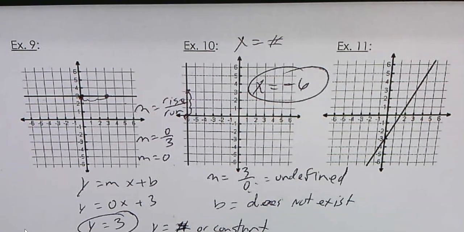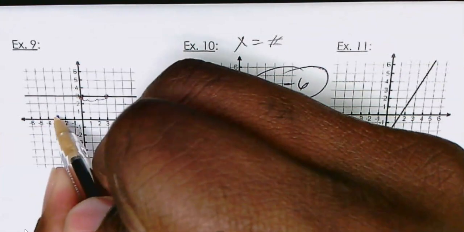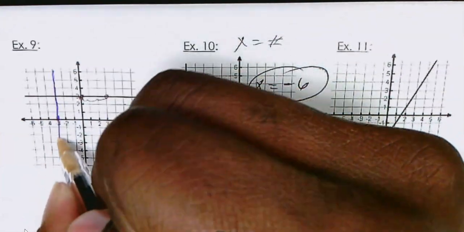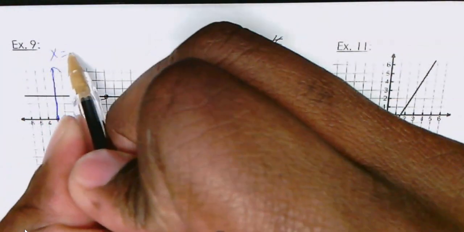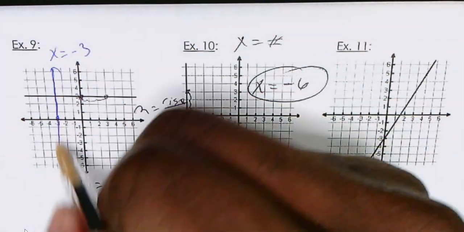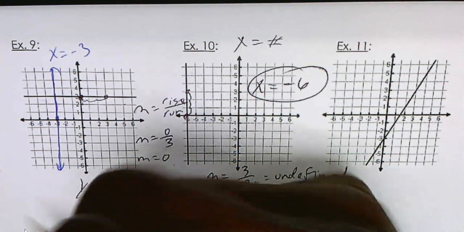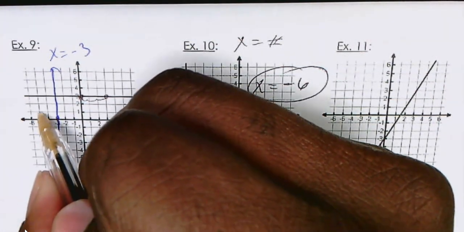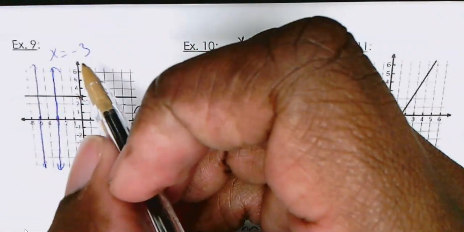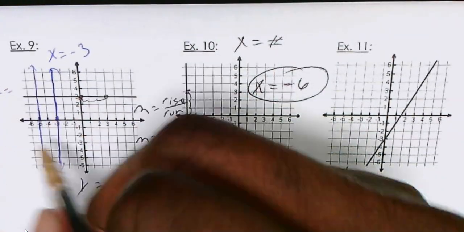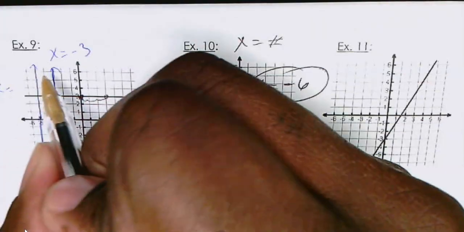Had I given you a different line, and it was vertical, that line would just be x equals -3. It's a vertical line at -3. Had I given you this line, and it was vertical, this line would be x equals, looks like it crosses at -5.